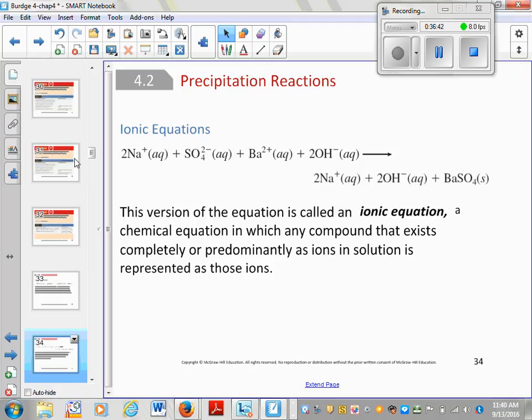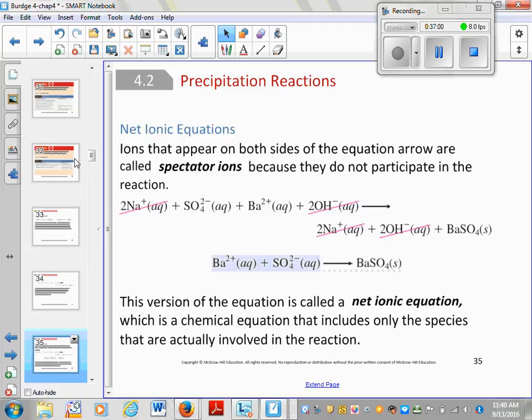So the sodium and nitrate ions are called spectator ions because they're just watching, they're not really doing anything. So if I call you a spectator, maybe you're just sitting here watching, you're not doing anything. Okay. So that's called the net ionic equation.